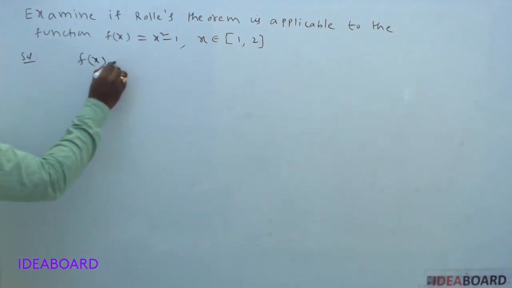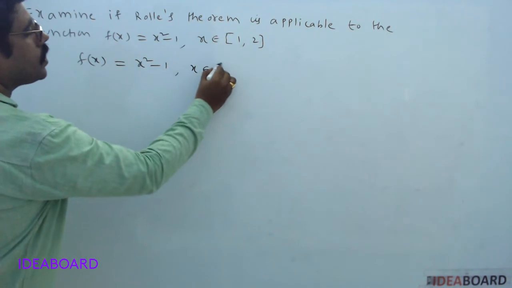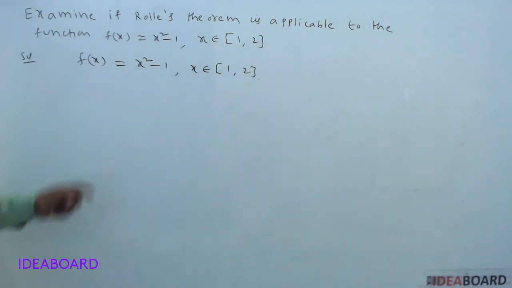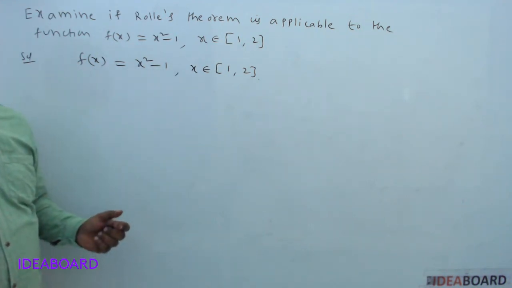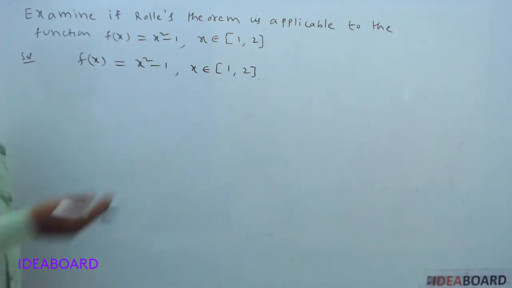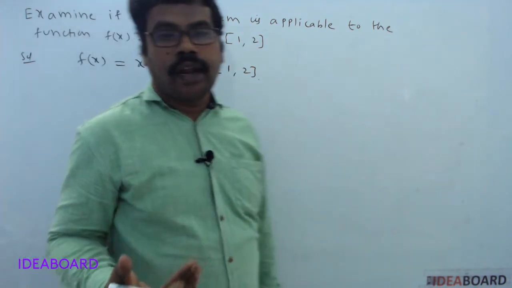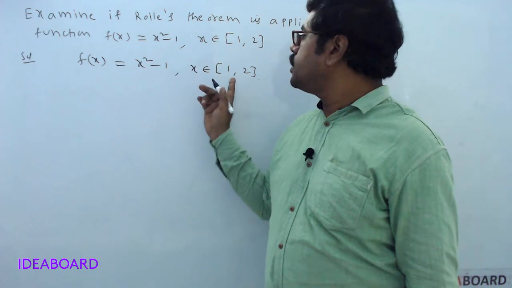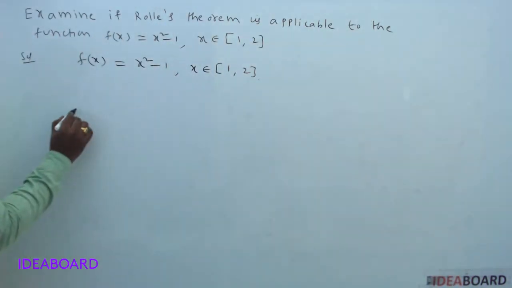Now write down the given function. F of x equals x square minus 1, corresponding interval closed 1 comma 2. Now here what is our f of x value? X square minus 1. Clearly it is a polynomial function. Being a polynomial function, without any discussion, you can write down the continuity and differentiability conditions in the respective intervals. Now first write down the statements.